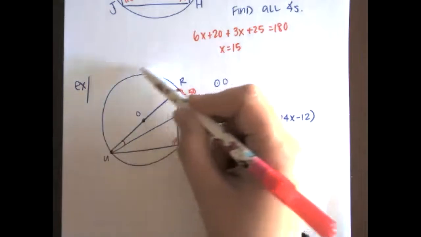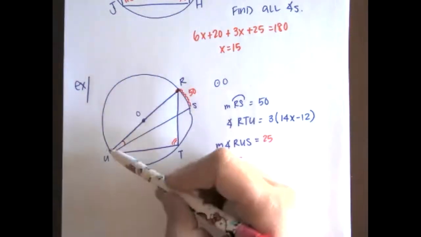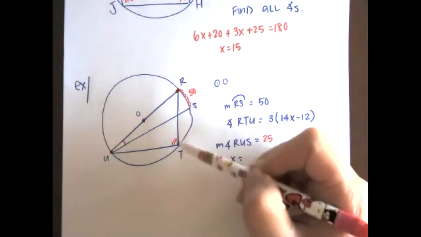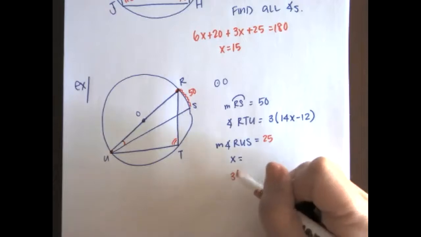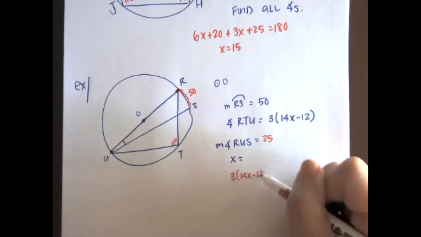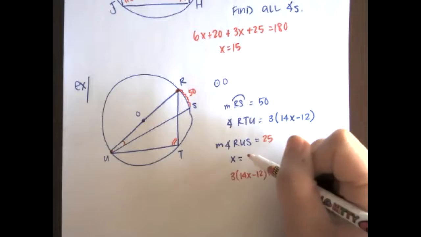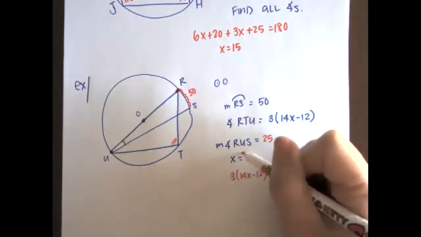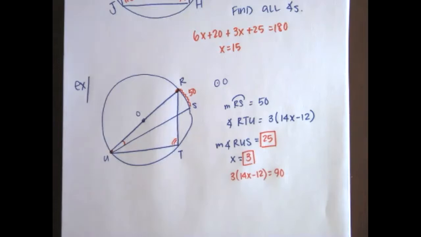It also tells you this semicircle is the intercepted arc, or you could think of it as an angle inscribed in a semicircle, however way you want to think about it. But angle T, so 3 times 14x minus 12 equals 90. So x should be 3. Questions from that?